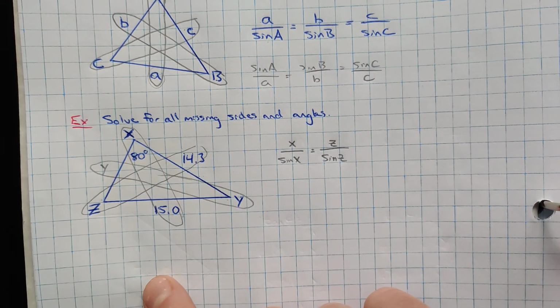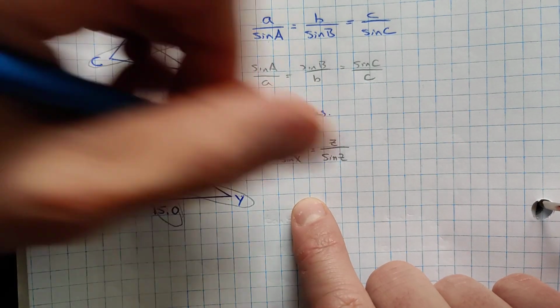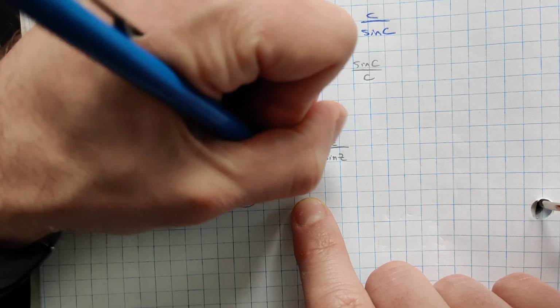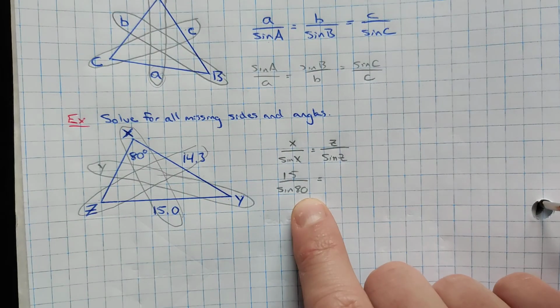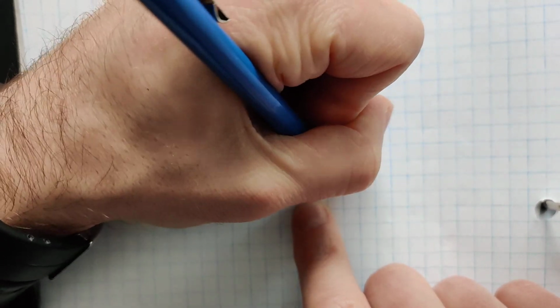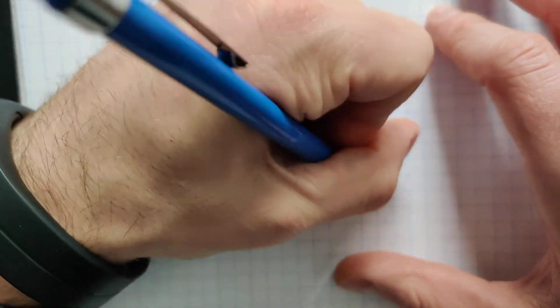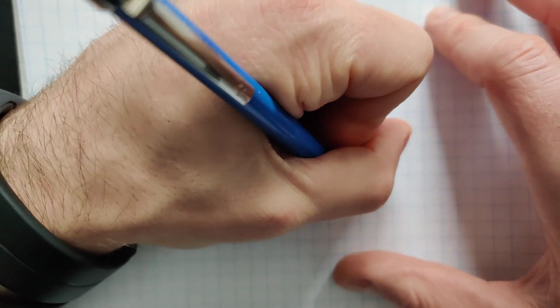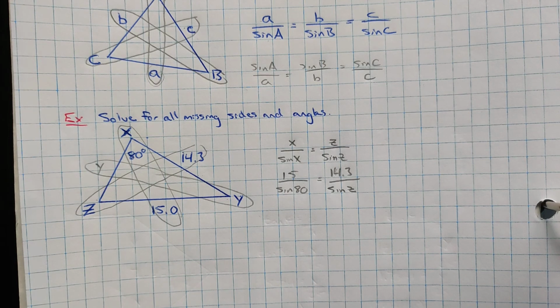We can work with those because we have 15 over sine 80 equals 14.3 over sine Z. So here we go.